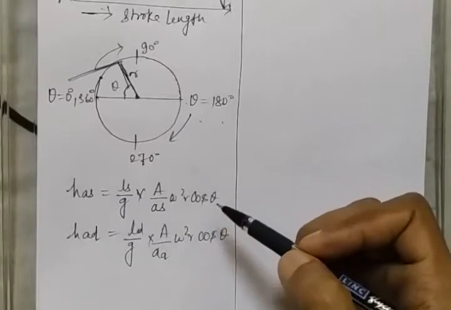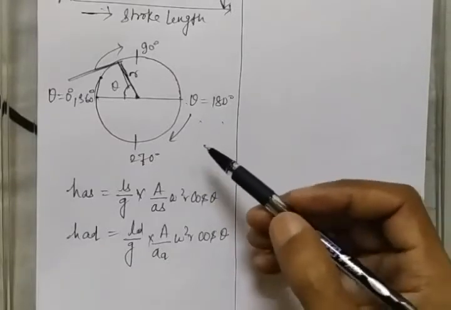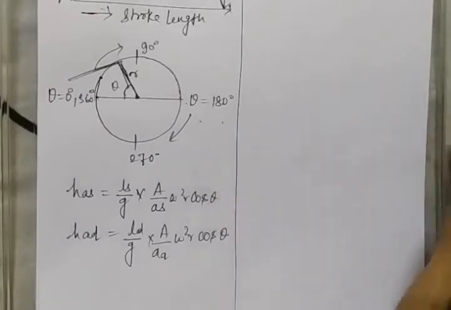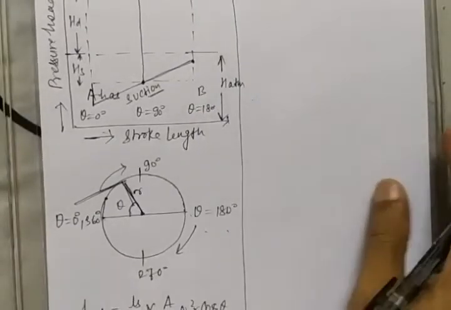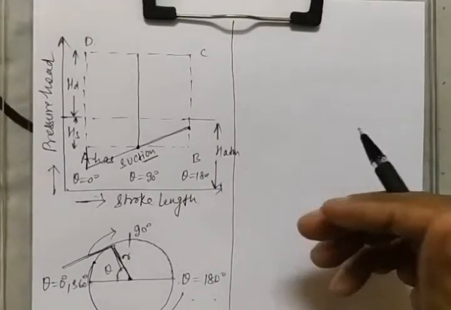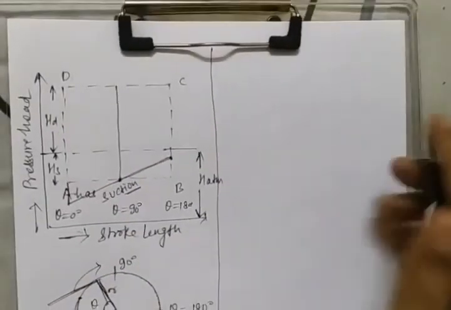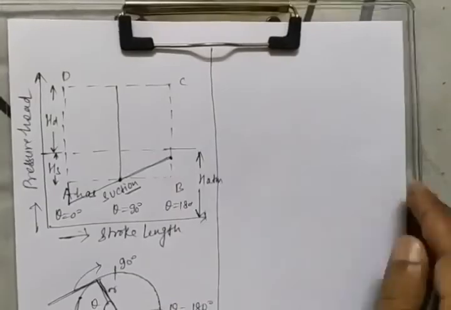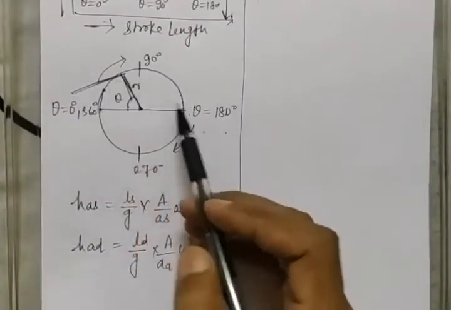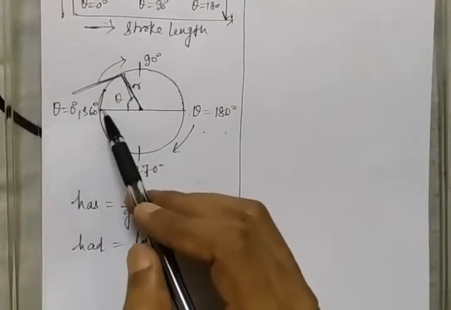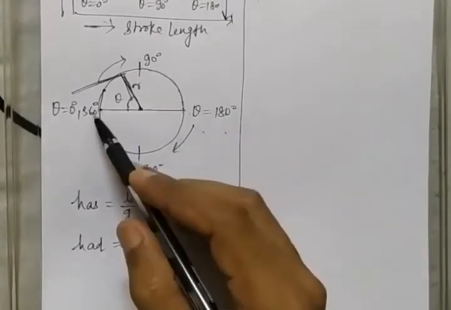But guys, actually we will not consider theta is equal to 180 degree at the start, because we are just starting from delivery, because once the suction ends, then delivery starts. So we will consider this value as theta is equal to 0. I mean for suction, theta is equal to 0 from here to here, and for delivery theta will be 0 here, and here it will be 180 degree.